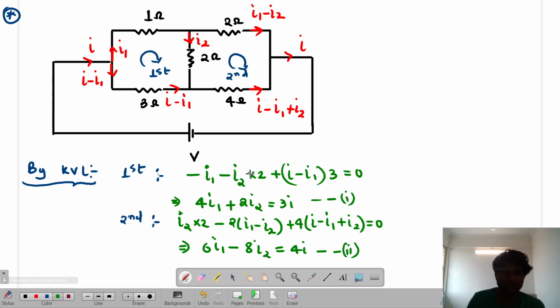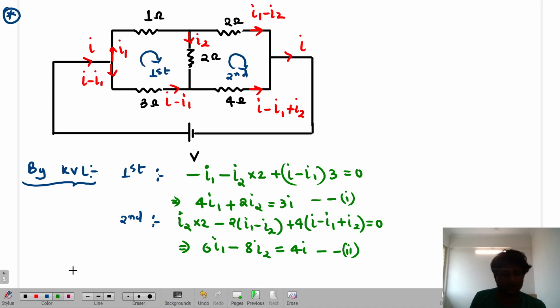So can you equate this 1 and 2 or not? When I do the elimination of 1 and 2, 6I1 plus twice I2, let us multiply with some factor, 2 and 3 factor, got it or not? 6 3s are 12, 4 3s are 12, 6 2s are 12 and 4 3s are 12.